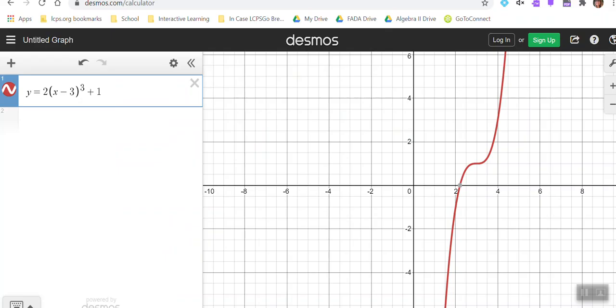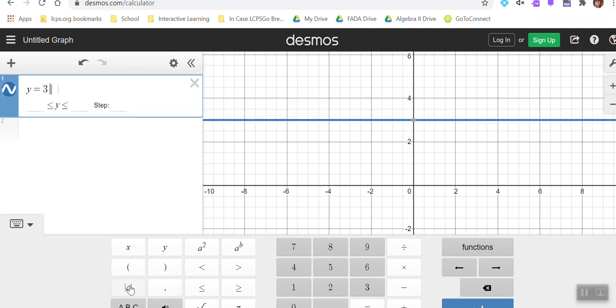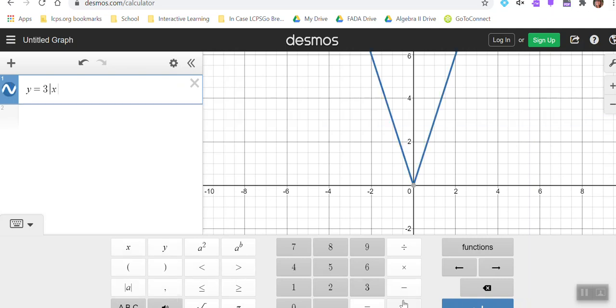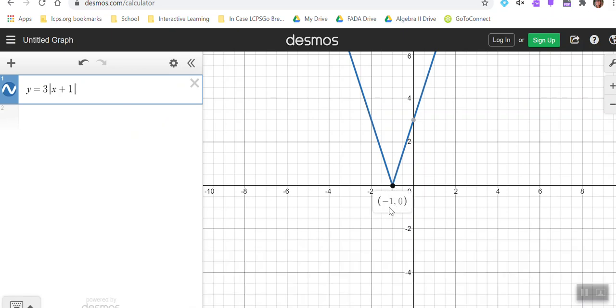I'm going to put this into Desmos. So my bottom point, my starting point, was where we thought it would be at (-1, 0). I can see here that there's a point at (0, 3).